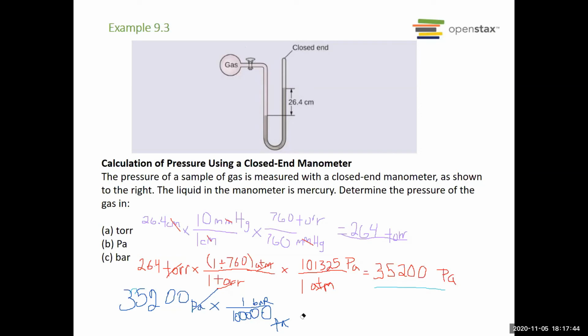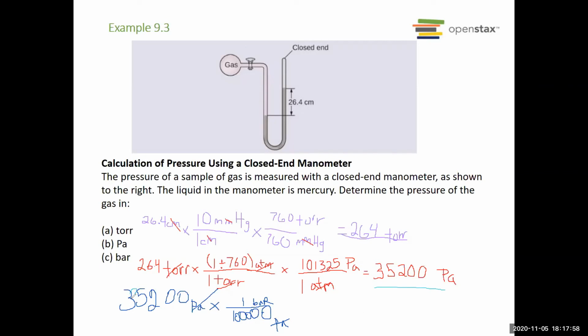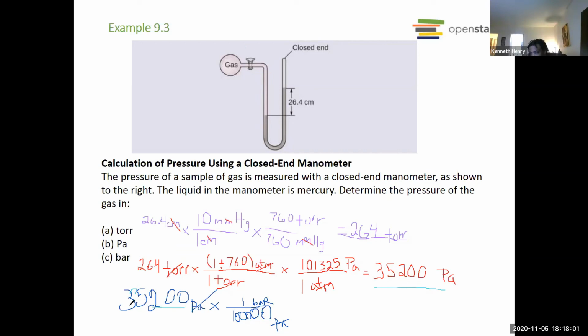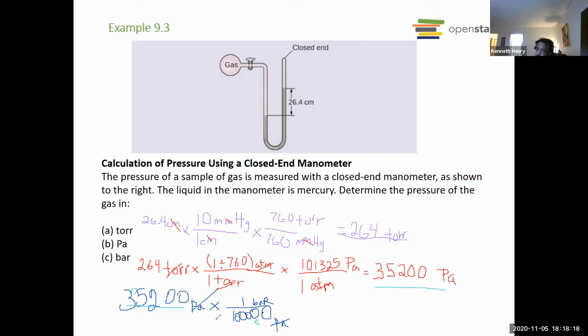Okay, so then we just divide by 100,000. What is the answer, Jen? Wait, so we just divide that by that? Yep. So you just divide this number by this number. So it's going to be 35, and then you just add the zeros. You mean divide zeros. How many zeros do you have? 1, 2, 3, 4, 5, right?